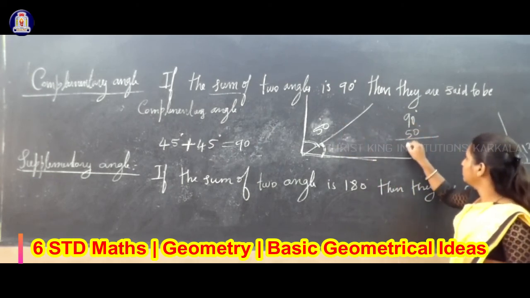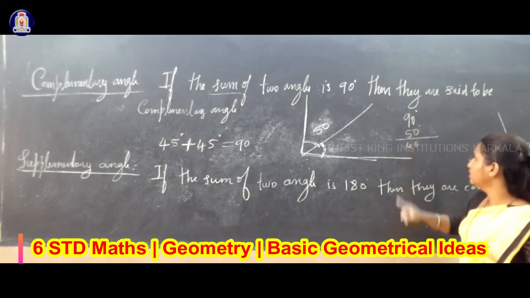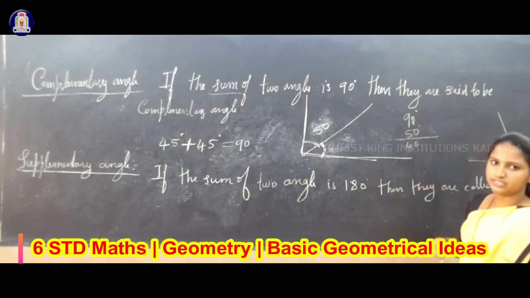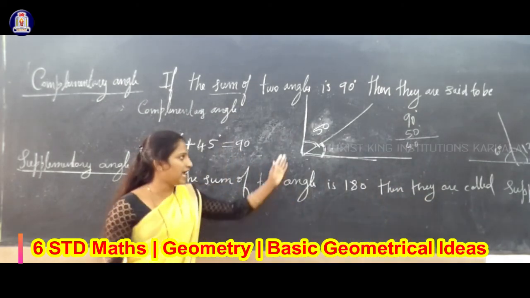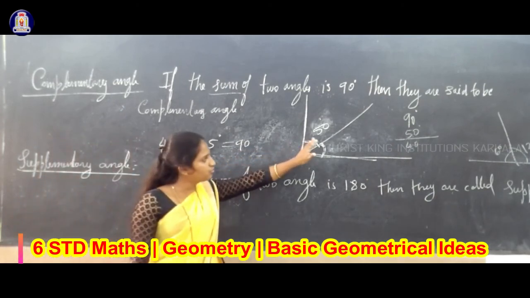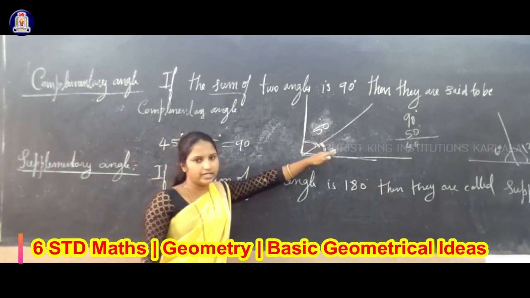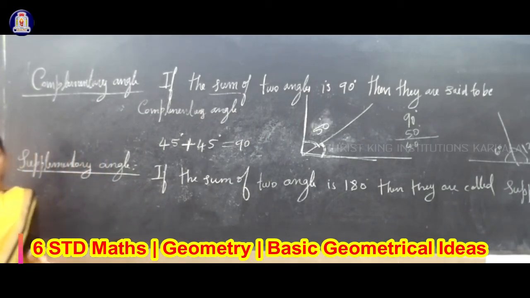The answer is 40 degree. Clear? So the complementary angle of 50 is 40. 50 plus 40 is 90 degree. From 90, if you subtract that angle, you get the other angle. That is the complementary angle.